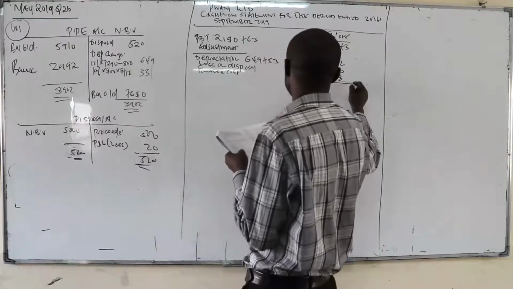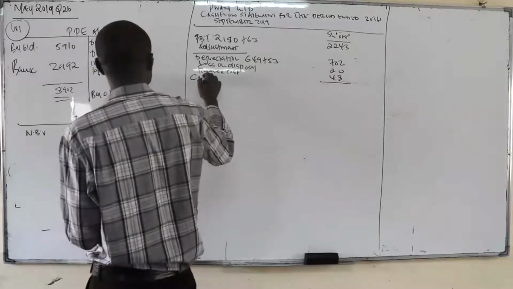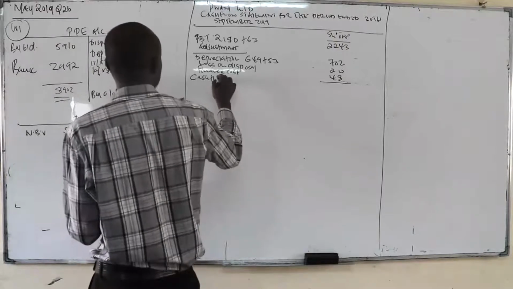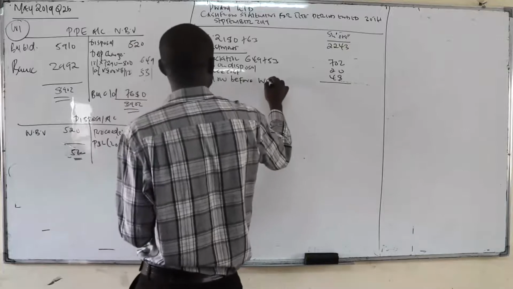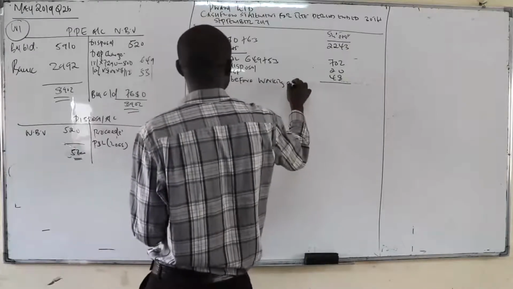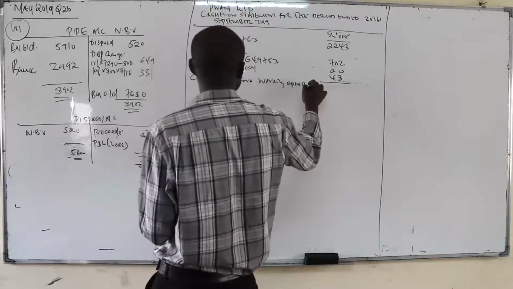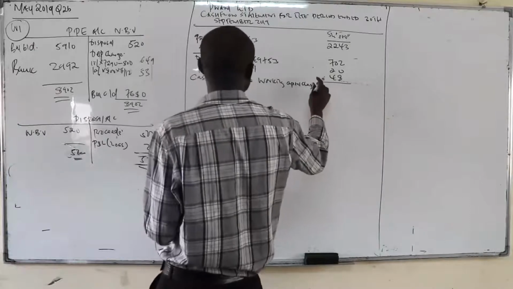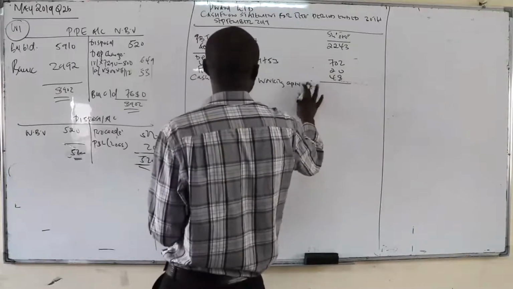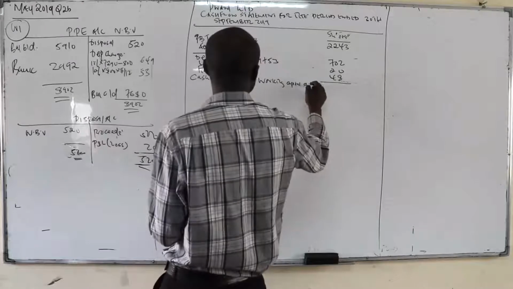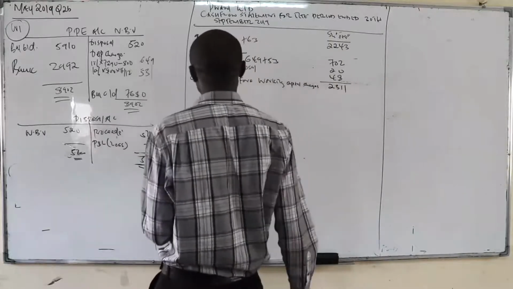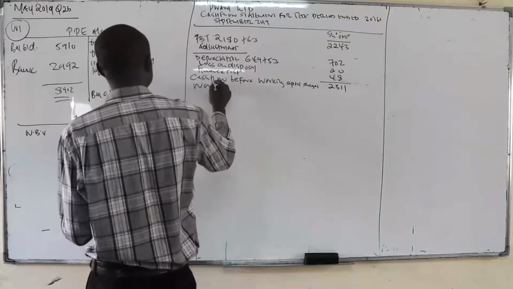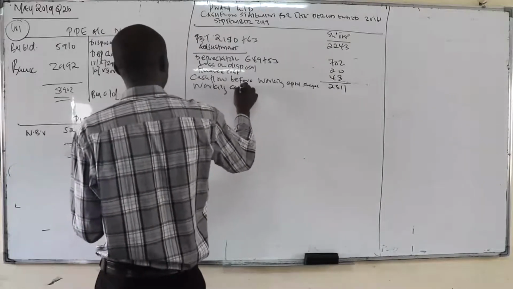So we get here cash flow before working capital changes. How much is it? 23. Then here we analyze the working capital changes.